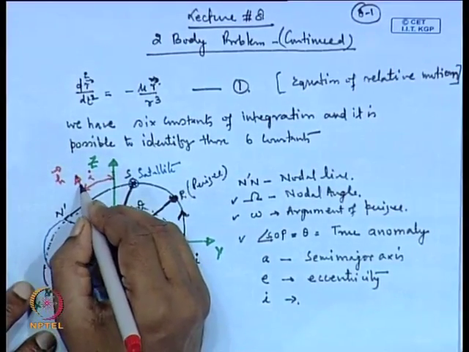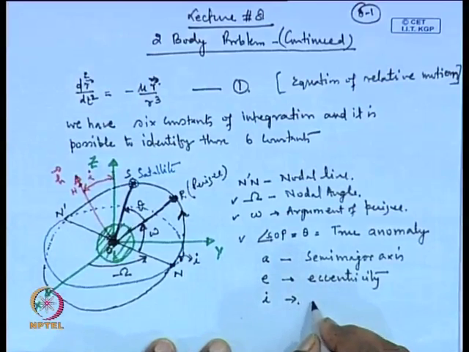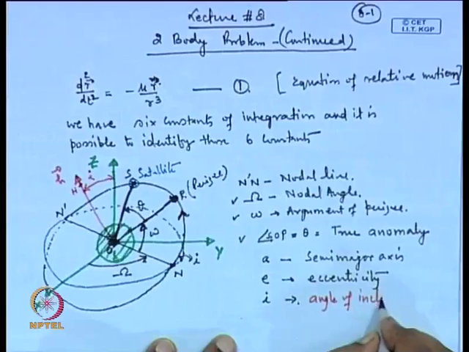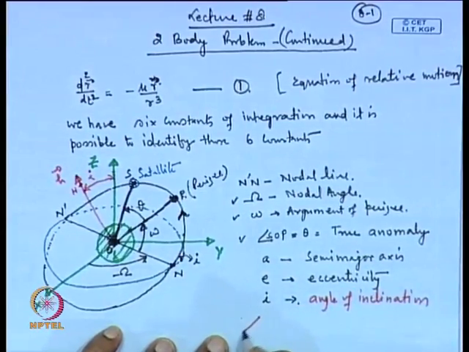Let us write this as capital H here. So, this is the angle of inclination, and we can write this angle as H O z.